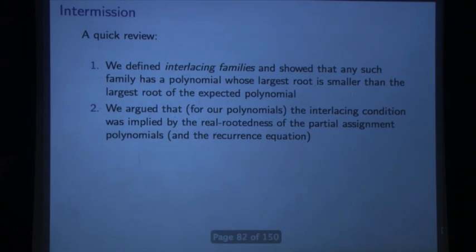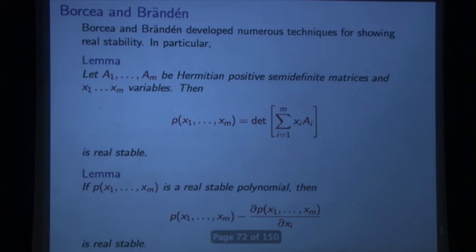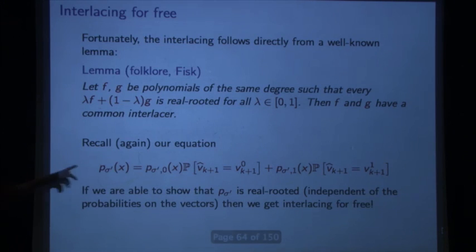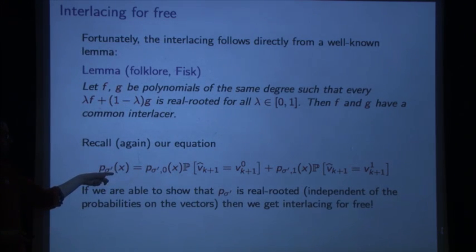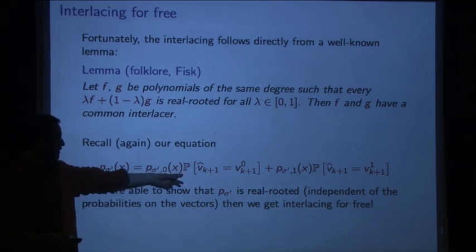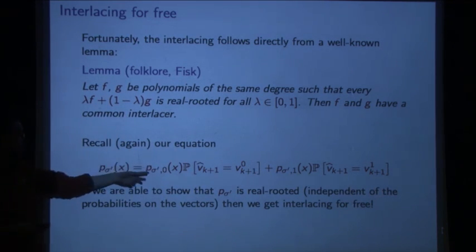So it turns out that we got that for free, because think about what our recurrence equation says. It says P sigma prime of x is P sigma prime 0 times some probability plus P sigma prime 1 times some probability, which is a convex combination.